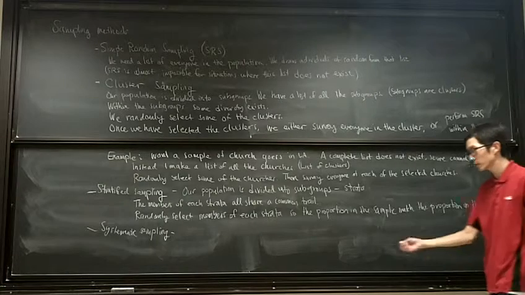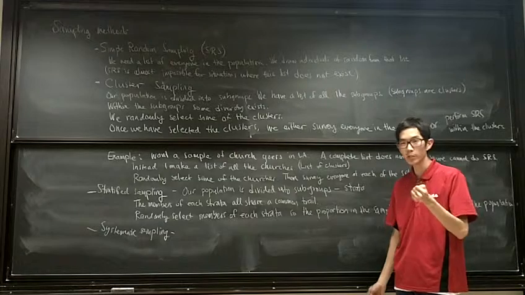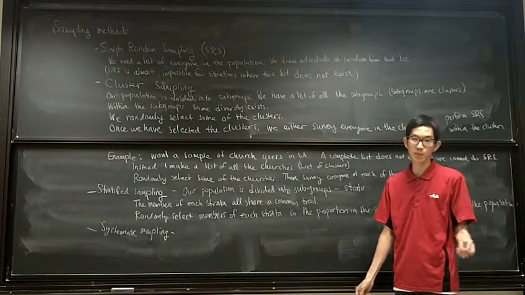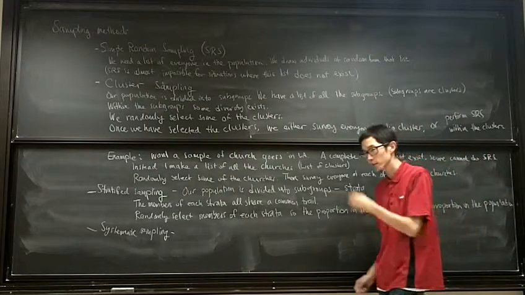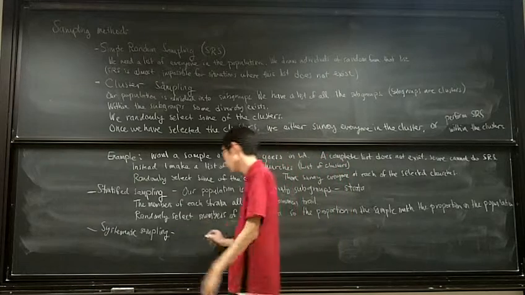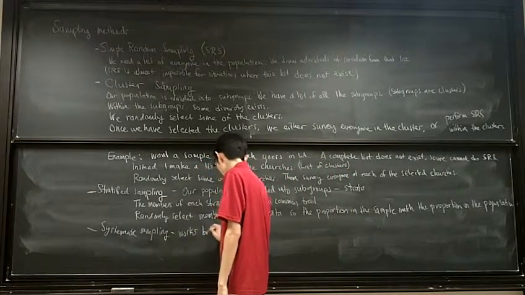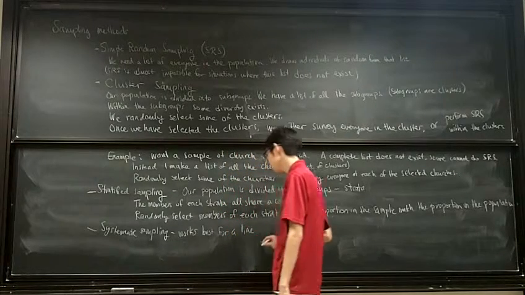So whenever we've got a line or something, we would say we're going to stop every 10th person in the line to be part of my sample, okay? Or every 4th person in the line to be part of my sample, okay? That's systematic sampling, okay? So it works best for a line, okay, or queue.